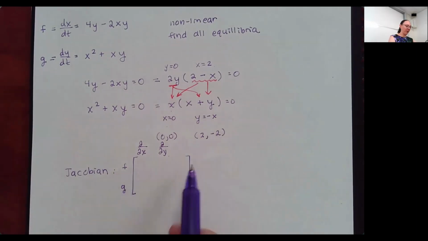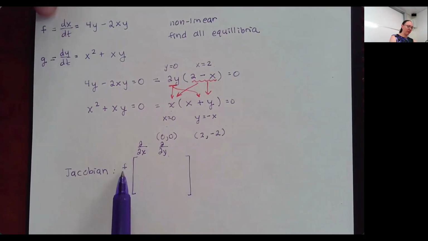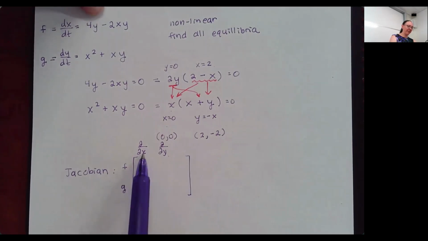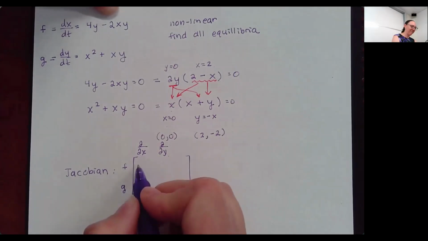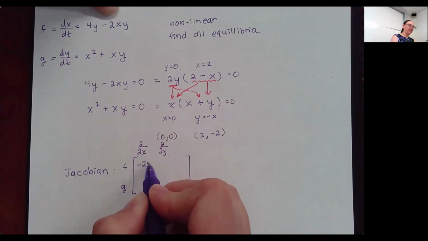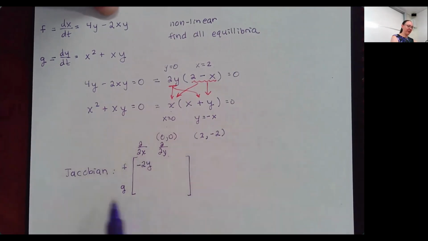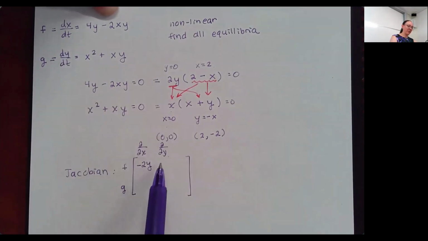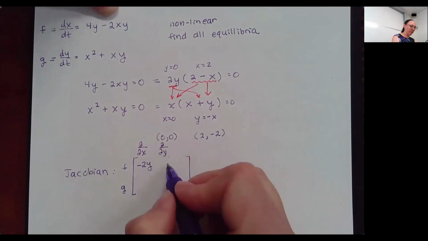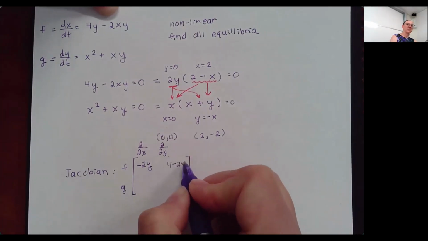So in my top row, partial of my f function with respect to x is going to be what? 2. And in my top row, if I take the partial with respect to y, I'm going to have 4 minus 2x.